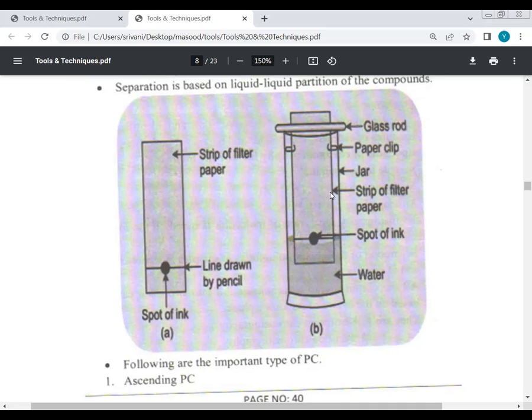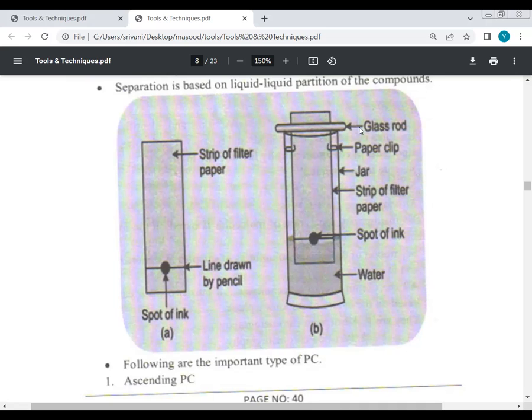Okay, so here we have taken an empty beaker, or otherwise you can take a jar, and you have to take water. Okay, water is the stationary phase. Next, the spot is kept, already shown here, that is the spot. So the ink spot was taken, then afterwards you can dip it into this water and hang it with the glass rod.